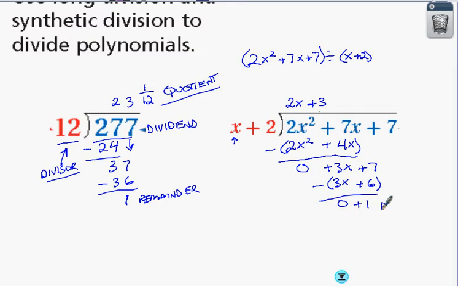We have a remainder of 1. And just as we did with this remainder, we're going to use this to finish our quotient. So we'll go plus 1 over the divisor. So here we want 1 over 12. Here we're going to go 1 over x plus 2. So this is our quotient right here.